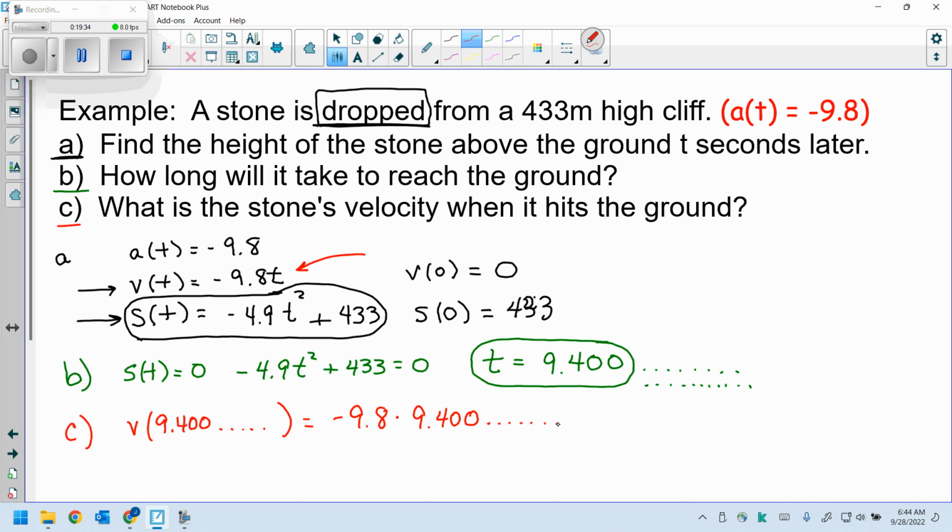So let's multiply that and see what we get. I don't know that it would have made a difference with that 3rd decimal place or not, but I think the velocity with which it hits the ground is negative 92.123 if we truncate, or 124 if we round.